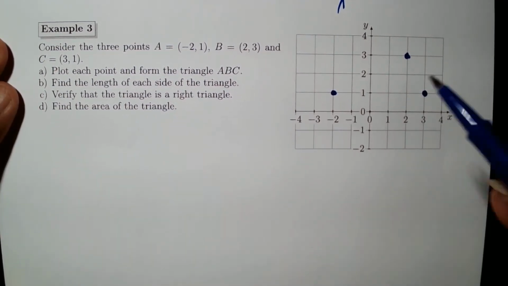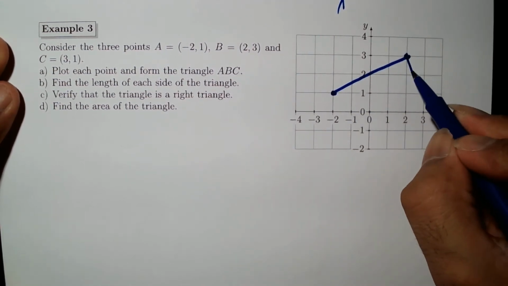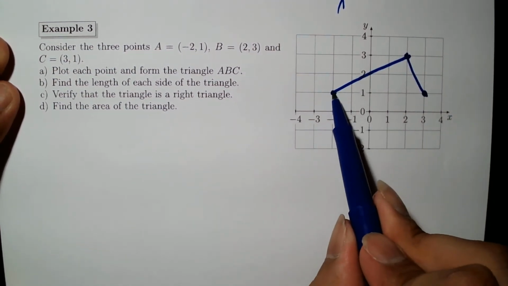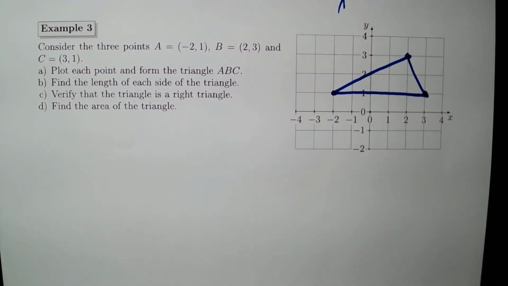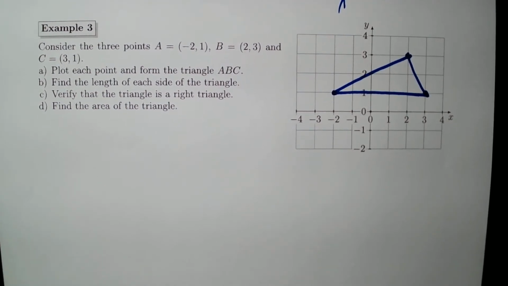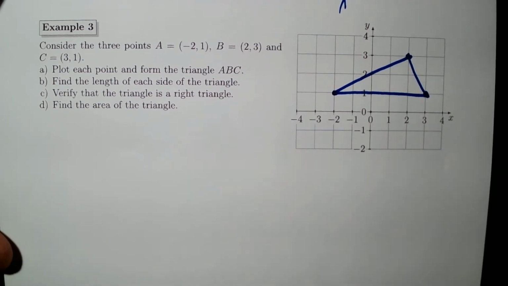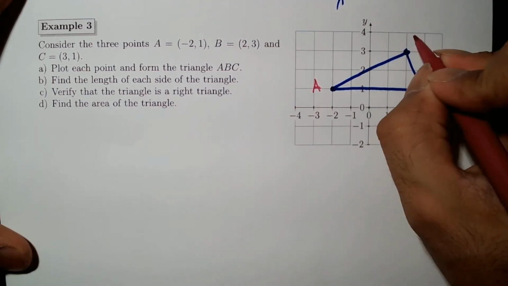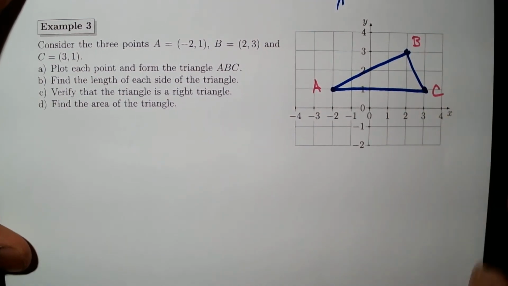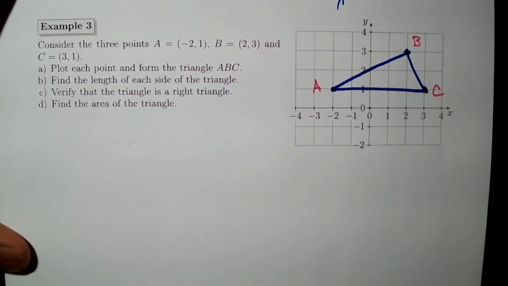Let's form the triangle ABC. That's what we're going to get when we draw this triangle. Part B. Actually, first of all, let's call this point A, point B, and point C. Find the length of each side of the triangle.